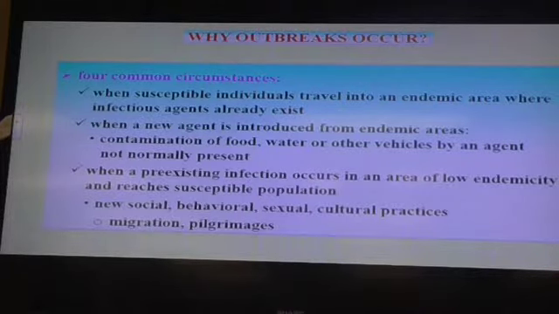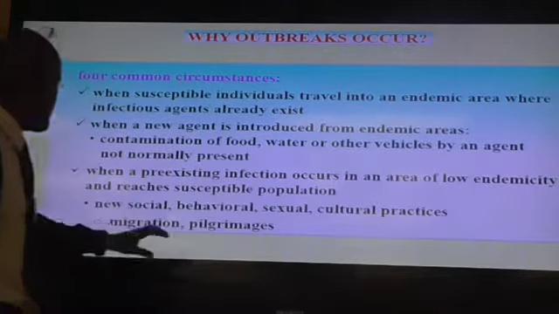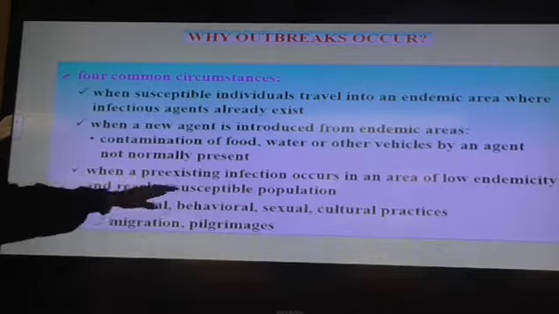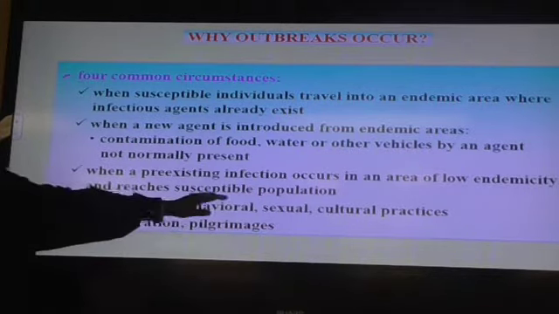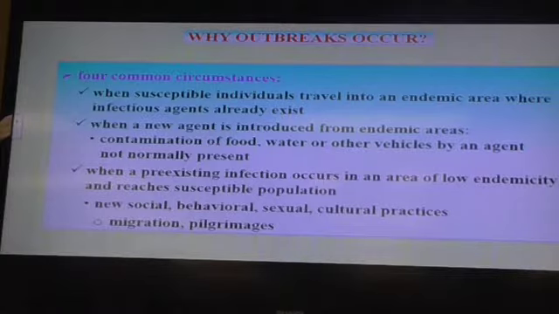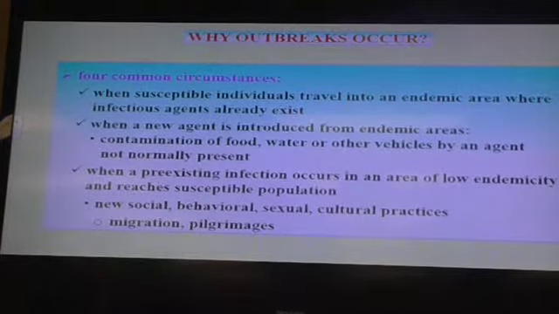Then the disease reaches a susceptible population, although the infection is already there. Most probably this is a result of new social, behavioral, sexual or cultural practices, for example migration and pilgrimage.